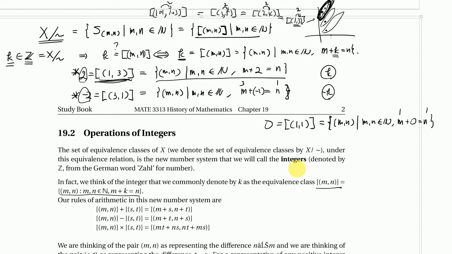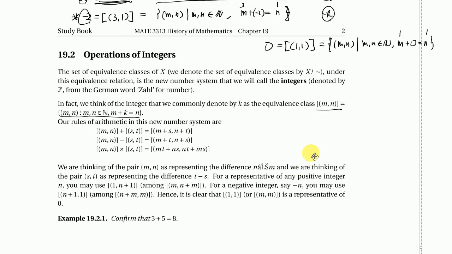If we use this, the good thing about this concept is that addition, subtraction, and multiplication can be handled. And this set, the integer set z, which is X with the relation, is closed under those three operations. This is the rule of addition, multiplication, and subtraction.